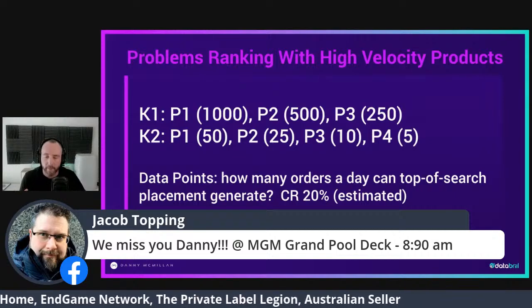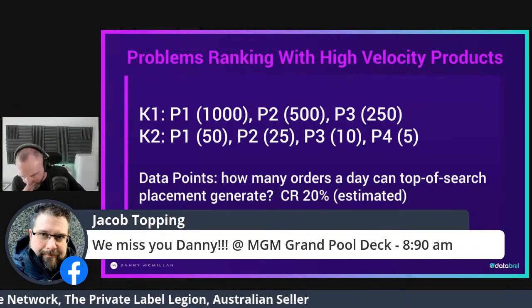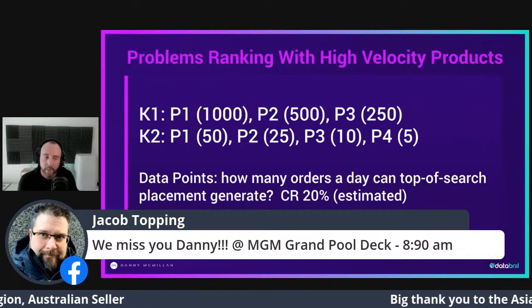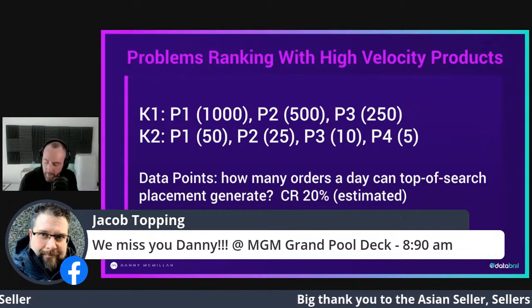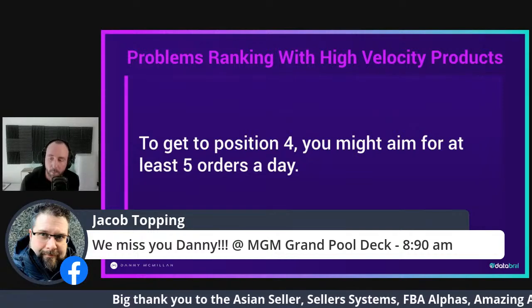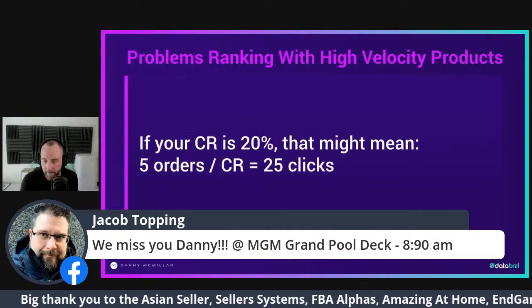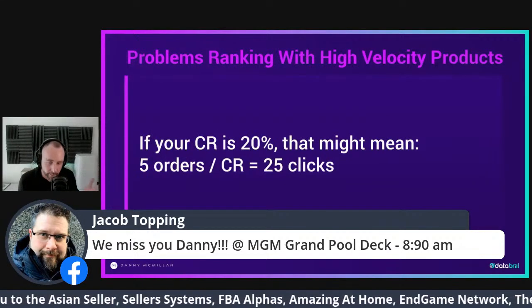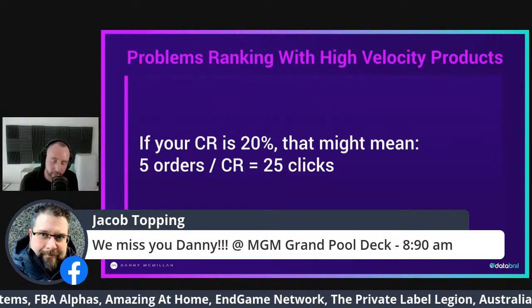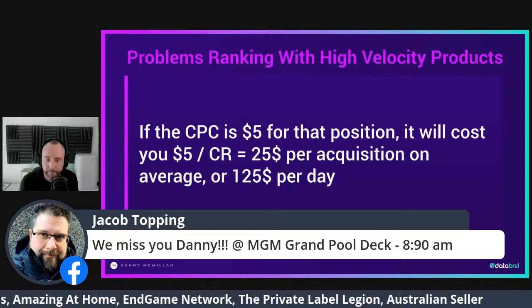So with these data points, how many orders a day can a top of search placement generate if we express it with a 20% conversion rate? To get to position number 4, you might aim for at least 5 orders a day. If your conversion rate is 20%, that means 5 orders divided by the conversion rate is equal to 25 clicks.